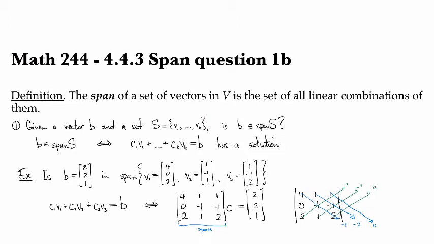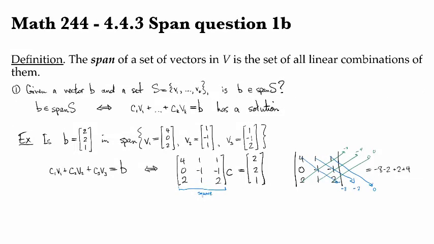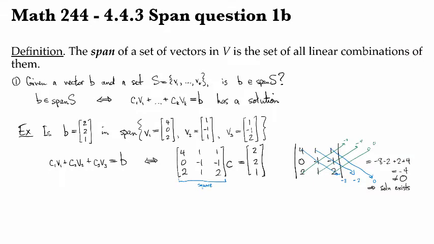So my determinant is going to be minus 8, minus 2, plus 2, plus 4, and that gives me minus 4. Definitely non-zero. Okay, so then that tells me that a solution exists. And that would be enough to solve this problem.